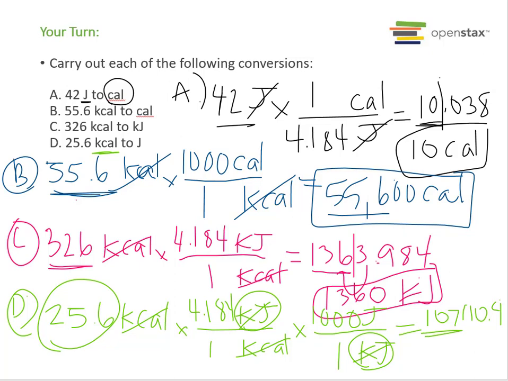That 1 will not raise that 7 up to an 8. So we're leaving it 107,000. Right, I still have to put my 0 placeholders in there. And what is it? Joules. All right, hopefully you're feeling good about that.